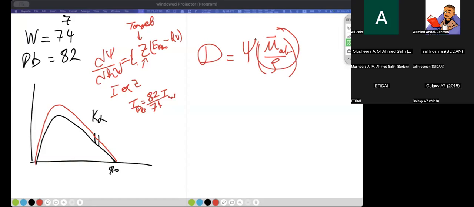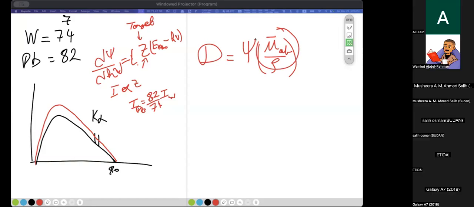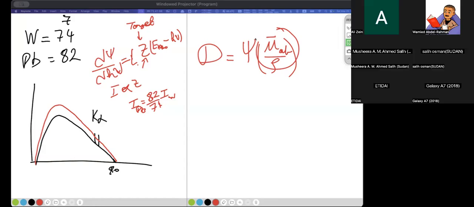It turns out if we do the derivation properly, the best way to obtain this average of mu absorption over rho is by taking the average energy over the energy fluence, not over the particle fluence. We will do this later on when I talk about this dose equation, but essentially, this is what it means.